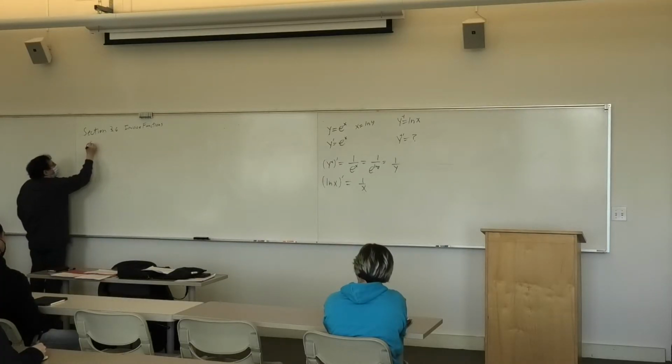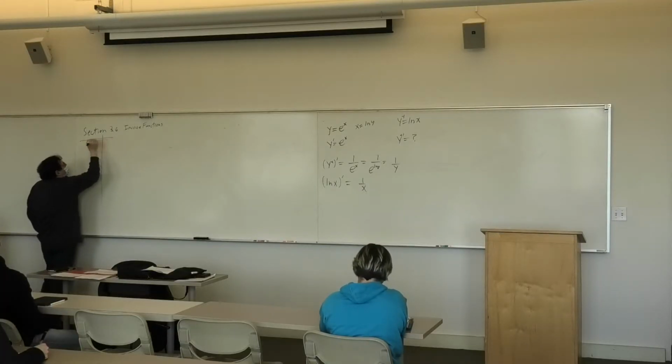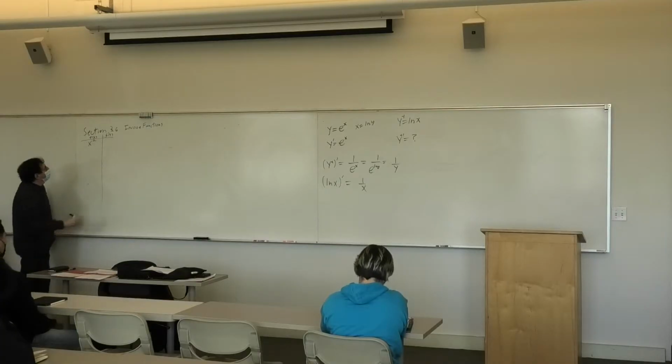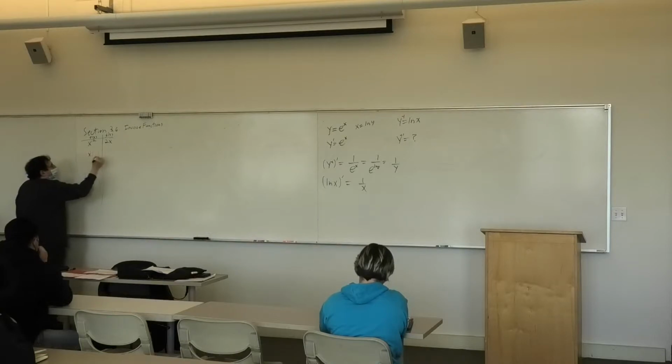Let's start with x squared. And let's look at the derivatives here. So that's 2x. And x, that's 1. 1, that's 0.